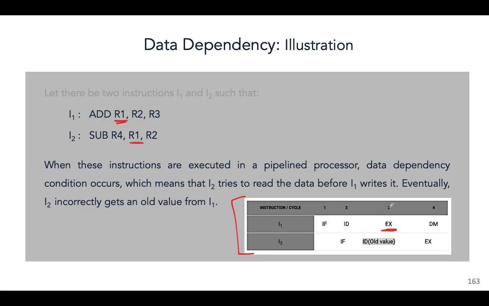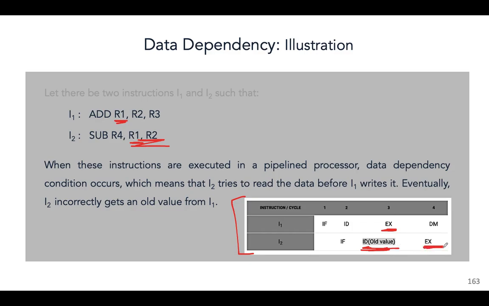But at the third clock pulse, I2 has already moved to its second phase, which is instruction decode. It needs R1, but R1 is not yet written, and since these are registers, there will be some kind of garbage value available in the register. So instruction 2 simply takes whatever value it finds in R1, because it has to execute, keeps it, and starts executing.